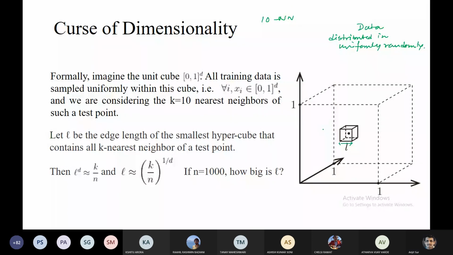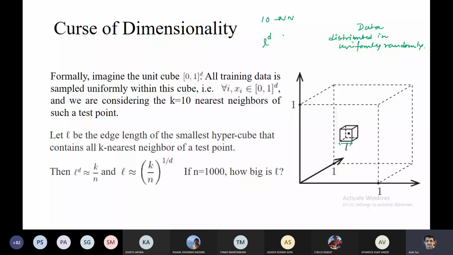For your understanding we draw it in 3 dimensions, but it is d-dimensional, so the volume within this L is L to the power d.